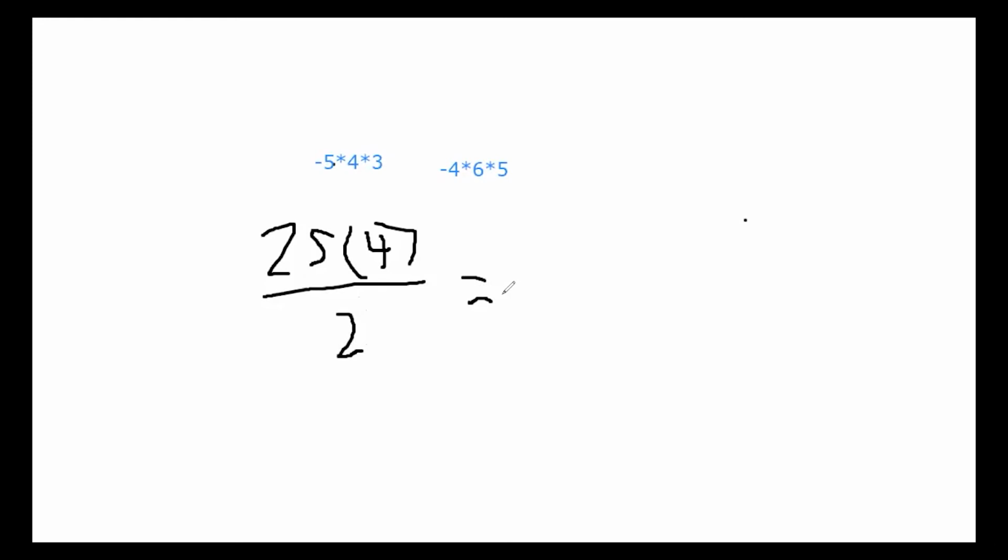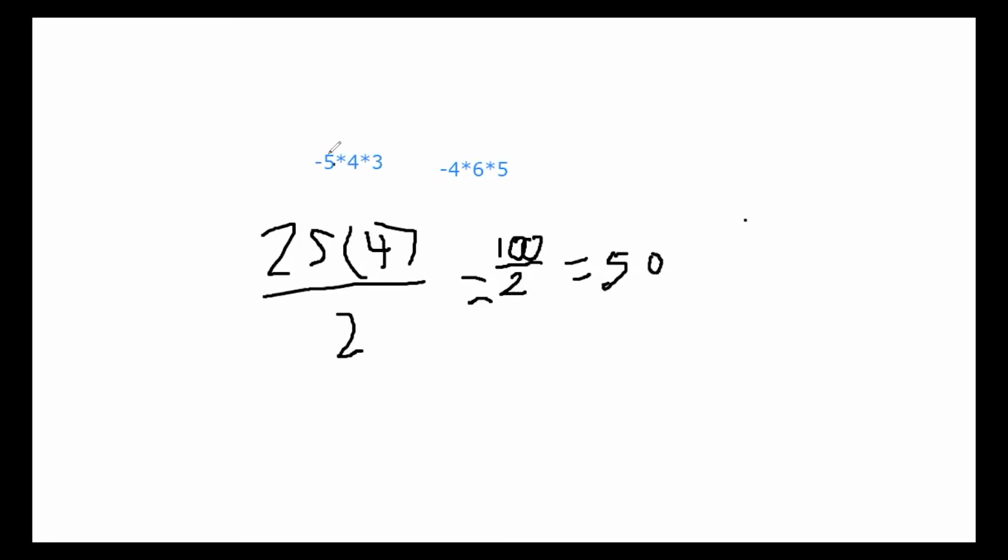This is a two-step type of problem, okay? So in this case, not only are we doing multiplication, 25 times 4, but you're also doing division. So you have 25 times 4, which is 100. And then you have to divide by 2, and that equals 50. Okay.